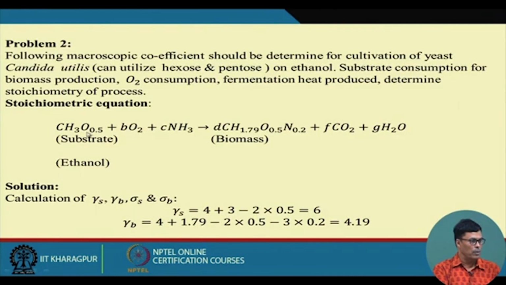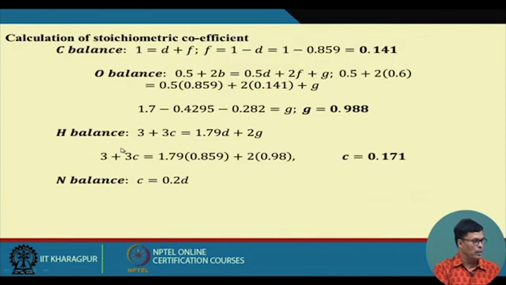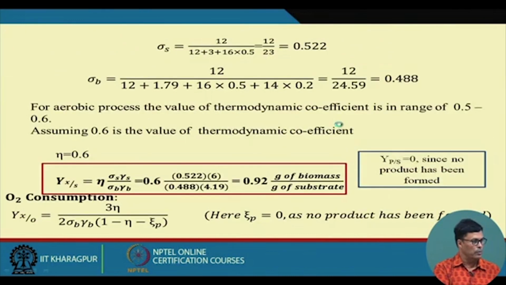Similarly, we can do the oxygen balance. Oxygen we have in different forms: oxygen here, here, here, here. So all places excepting ammonia we have oxygen. So we can make an oxygen balance: 0.5 plus 2 into B equals 0.5 into D, plus 2 into F and G. Then with this equation, everything is known, so we can find out G. Similarly, we can do the hydrogen balance also.